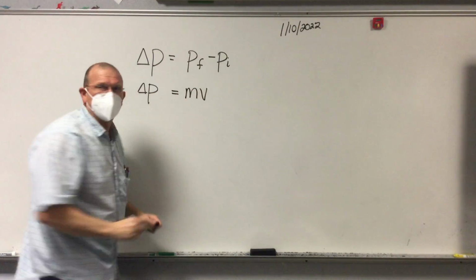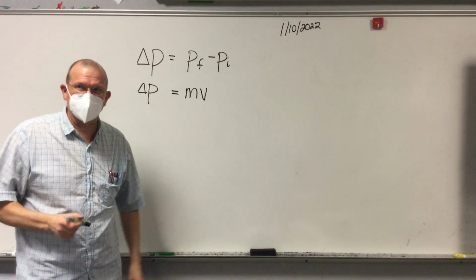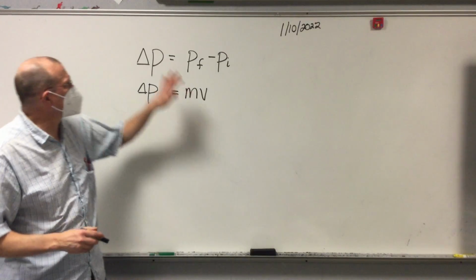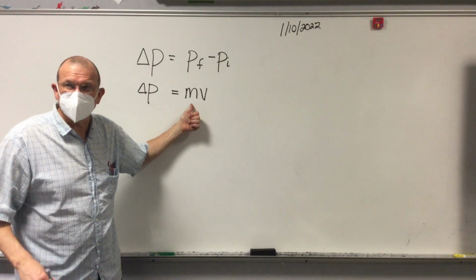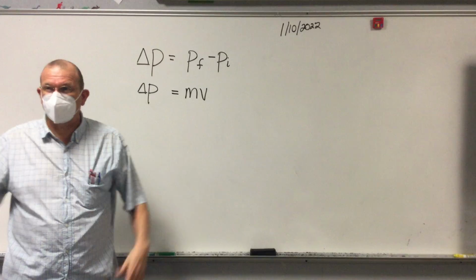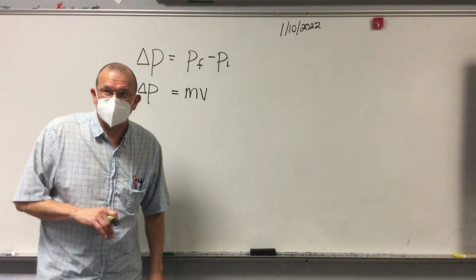Now, which one of these do you think is more appropriate to have the F on? If we're going to change the momentum of an object, will the M be changing? Probably not. That would be weird, like you're losing mass or gaining mass. We're not going to go into situations where that's happening.